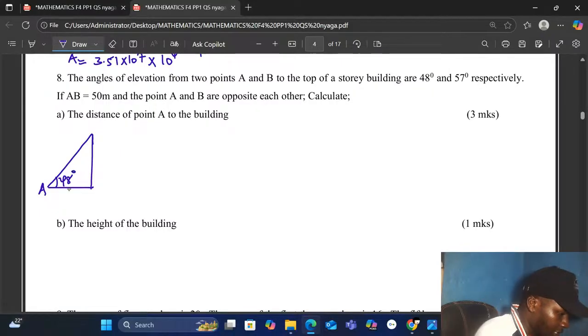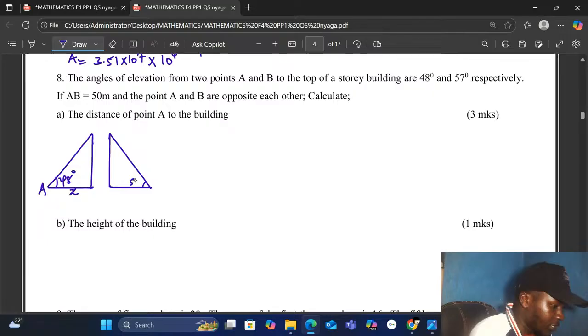And the distance here is x. We take it as x. Then we also have a point B that is opposite. So that means point B is right here. This is now point B.